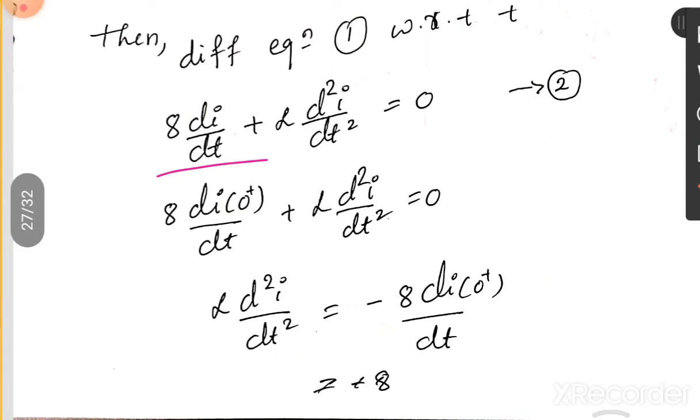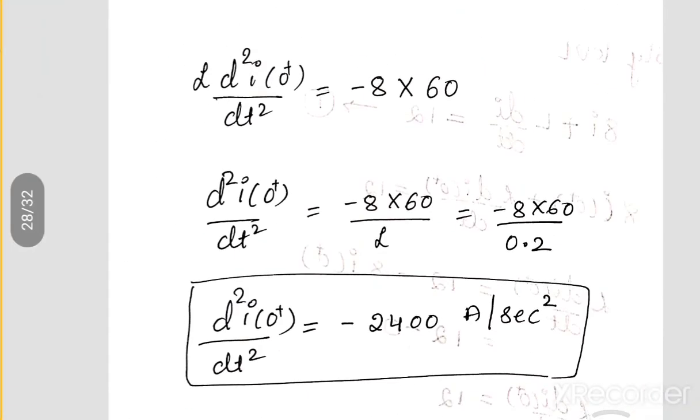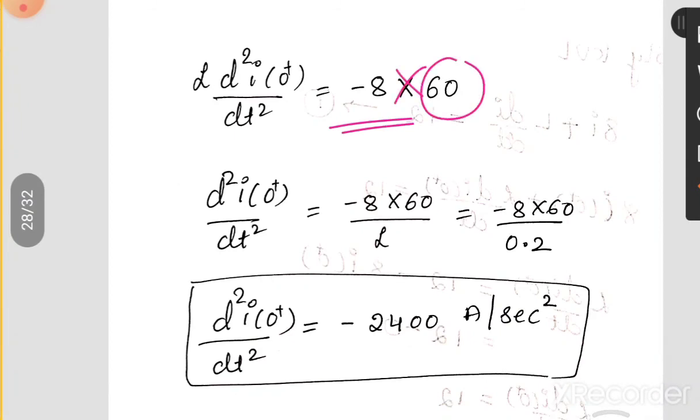In this, the di by dt value at 0 plus we know, which is 60 ampere per second, which we have already calculated. Then L into d square I by dt square equal to 0. We need to calculate this. Get d square I by dt square separately, equal to minus 8 di of 0 plus by dt. Substituting, it will be minus 8 into 60 divided by 0.2 Henry.